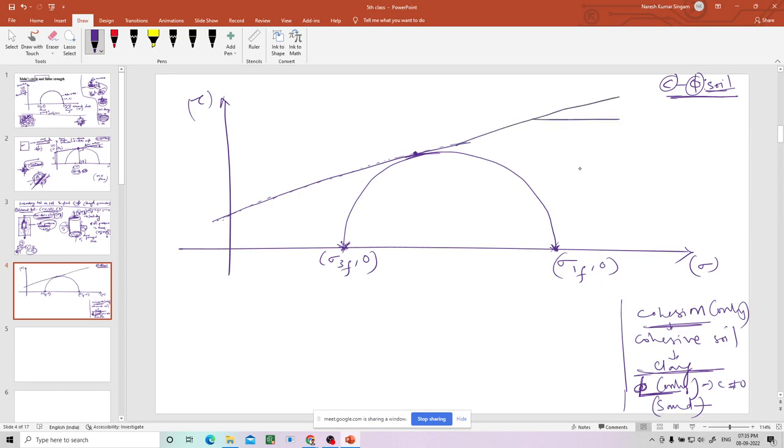We know this angle is the friction angle, denoted by phi. And this is cohesion, C. Now suppose this is the center, which I am denoting as O.